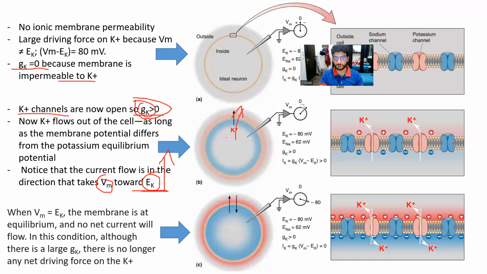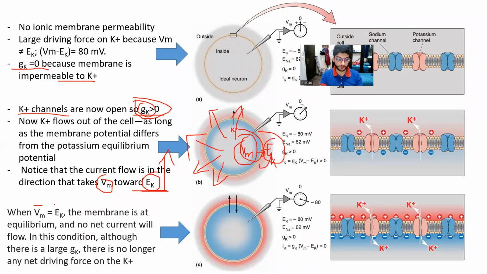When potassium keeps moving out, this makes the membrane potential, Vm, approach Ek. That means the membrane potential is taking it towards the equilibrium potential, because that's where potassium is taking it.